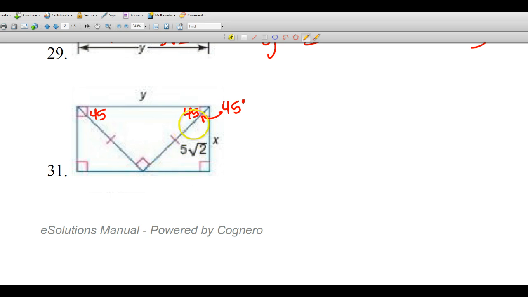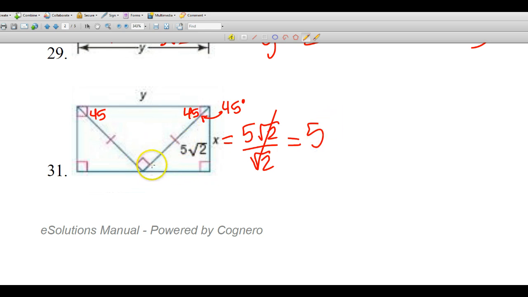So we're given that the hypotenuse is 5 square root of 2. So to find x, we take the hypotenuse and we divide by the square root of 2. So the square root of 2's cancel. So x is equal to 5.